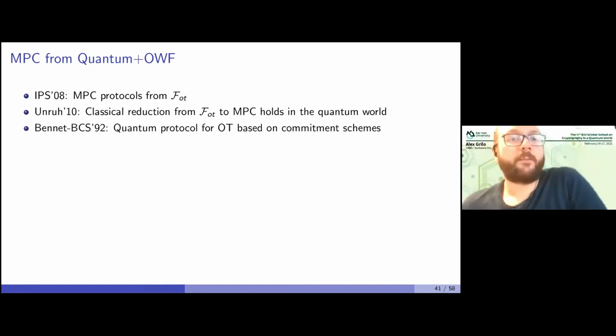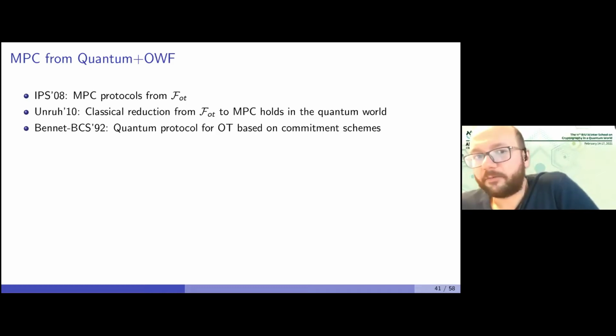They propose a quantum protocol for OT based on commitment schemes. But these are not the standard commitment schemes that we usually see, like hiding and binding.